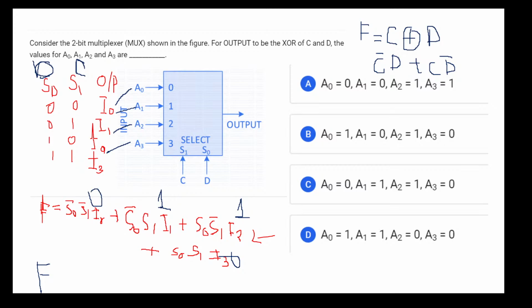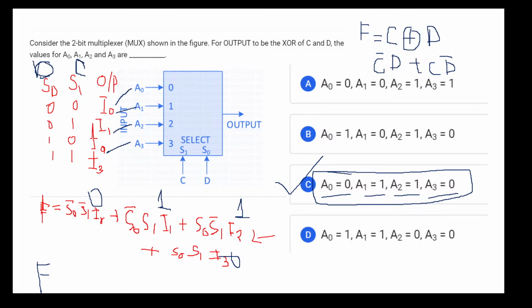That means my answer is A0 is 0, A1 is 1, A2 is 1 and A3 is 0, option C. You can see this is the output it is giving me, and if you compare it to the truth table of the XOR gate, it gives the same output.